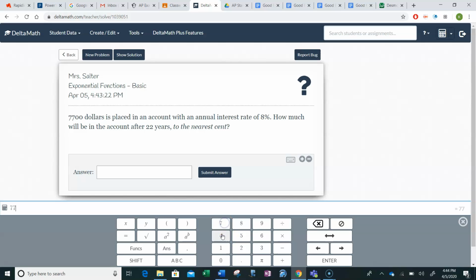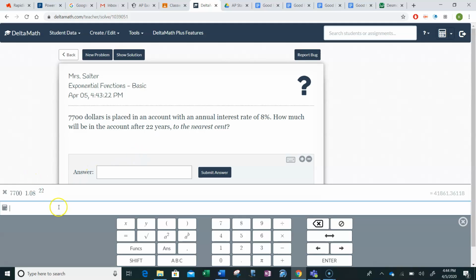You would say 7700 times 1.08, close that parenthesis, raised to, and because it's been 22 years, we would say to the 22 power, press enter, and we would take our answer that it gives us over here. So we would say 41,861 point, and it says to the nearest cent. So use your rounding rules, 36.